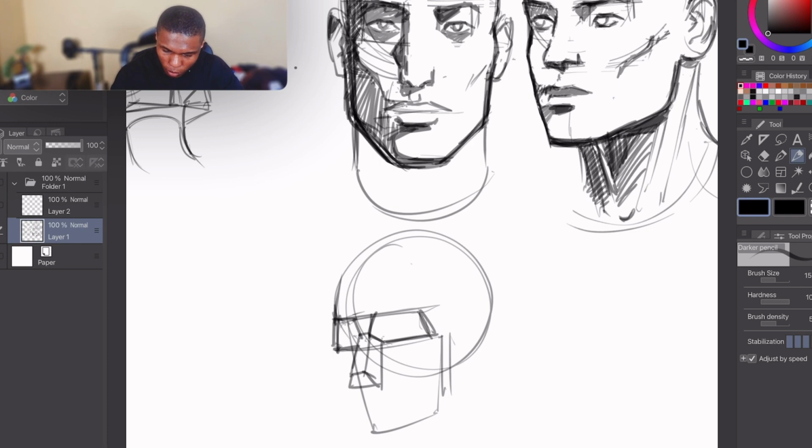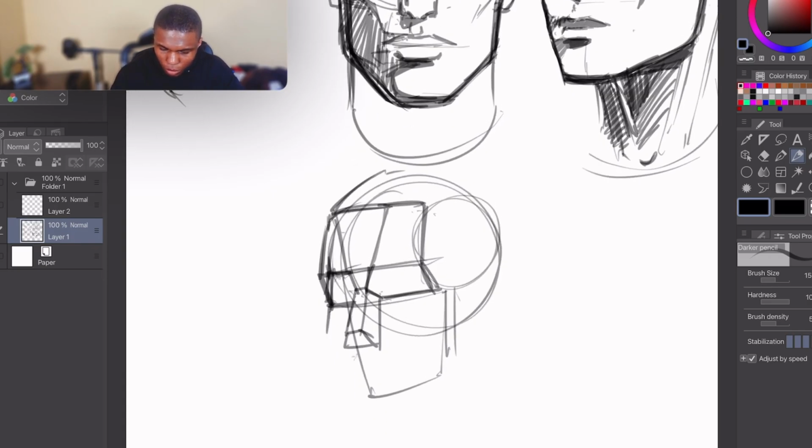Let me do a mistake. Something like this. There are these lines that actually make up how the head looks. After you have your basic shape like this, you can use an Asaro head to get it.